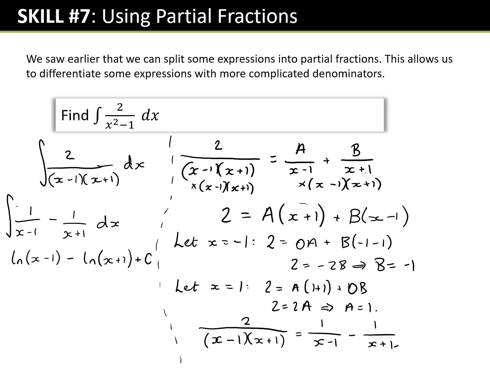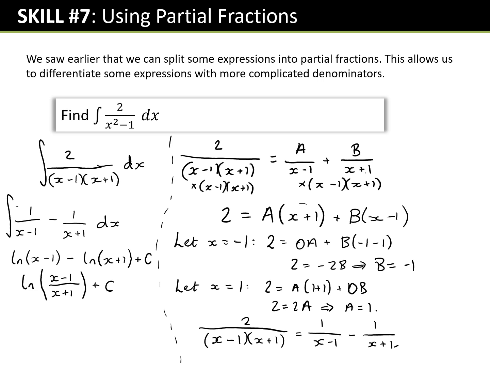Now this, use your laws of logs. When you minus, you divide the things inside of your brackets. So there you go. Okay, now this is a little bit extra. C is just a constant, isn't it?